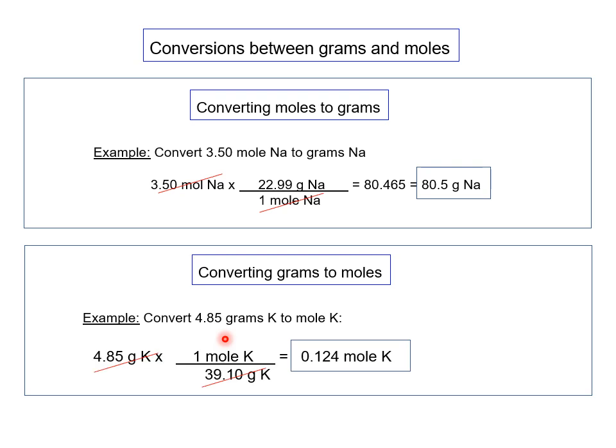So we start off again with what we're given. The 39.10 goes on the bottom, the 1 mole goes on top, the grams cancel, and as expected, my answer is less than 1 mole. With 3 significant figures here, my final answer should have 3 significant figures.